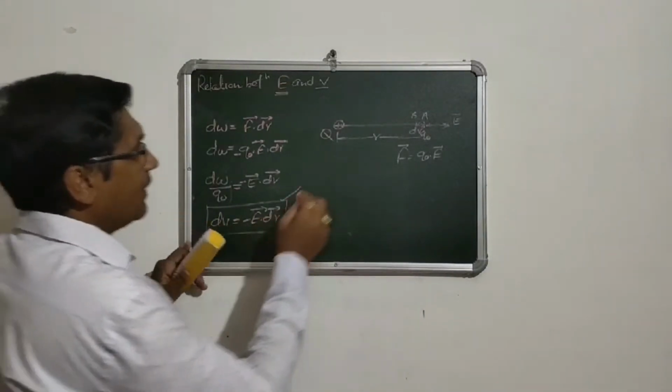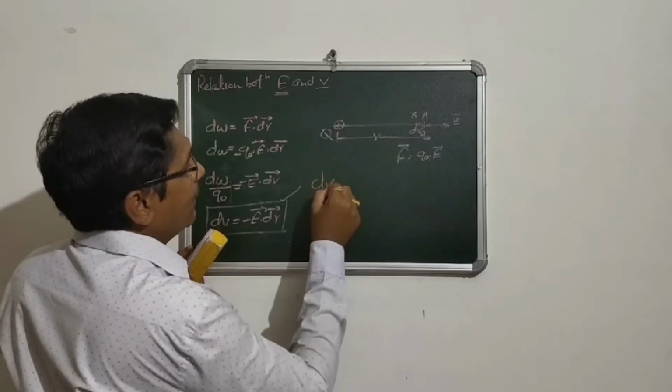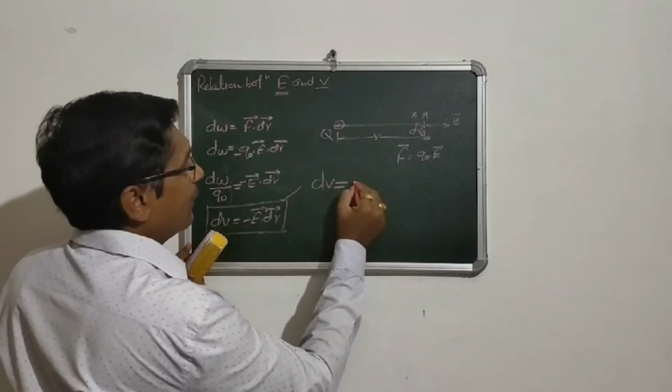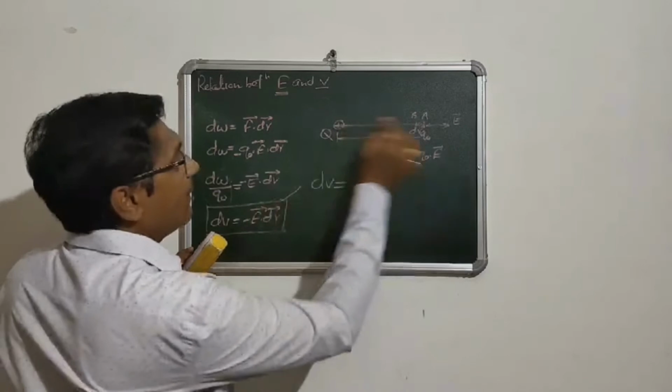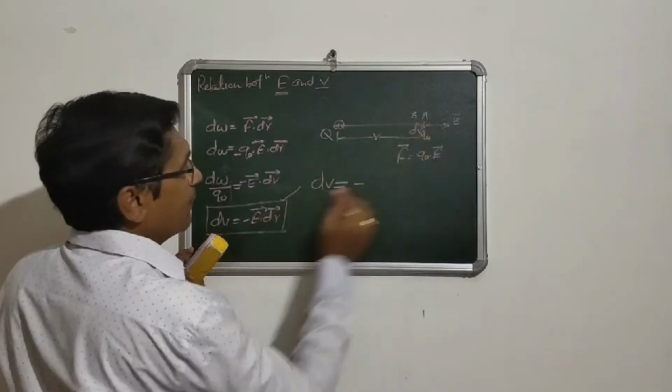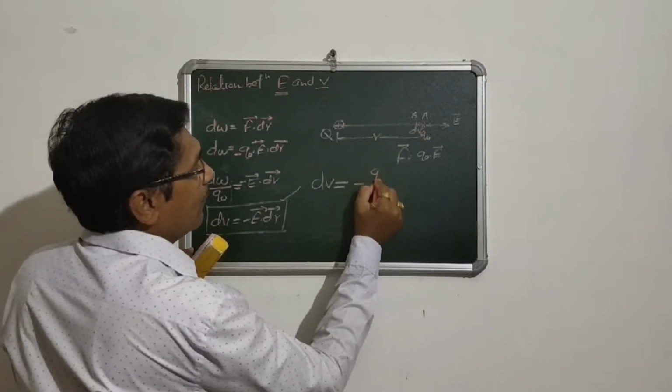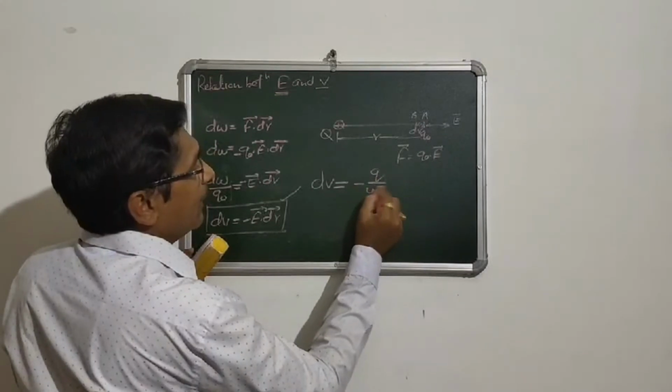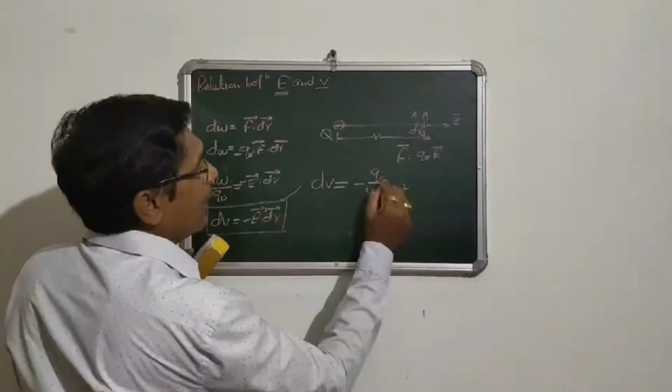So by using this relation, dV is equal to minus E dot dr, where the value of electric field at r distance is E equals Q upon 4 pi epsilon naught r square.